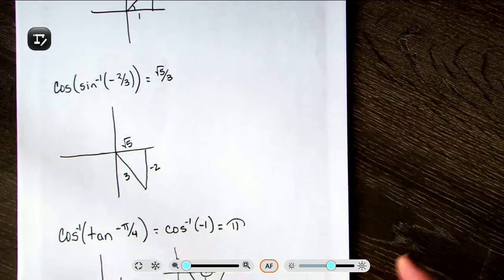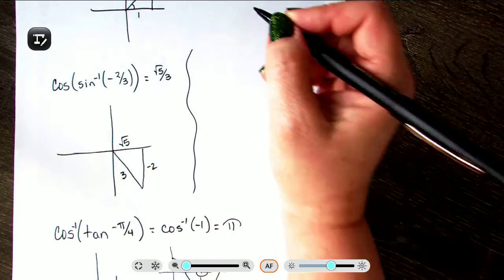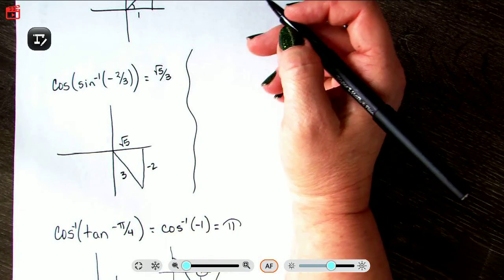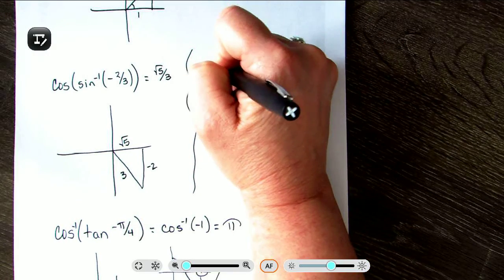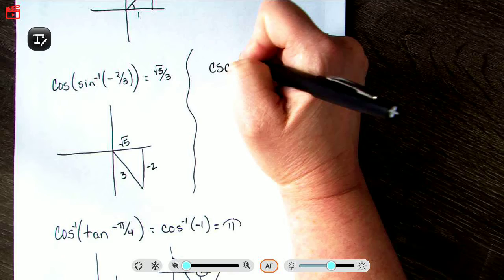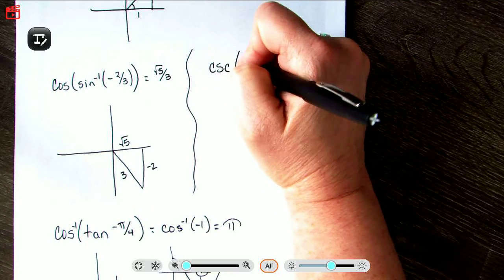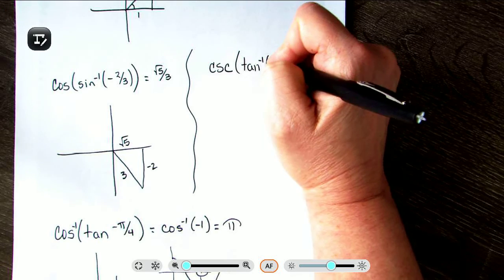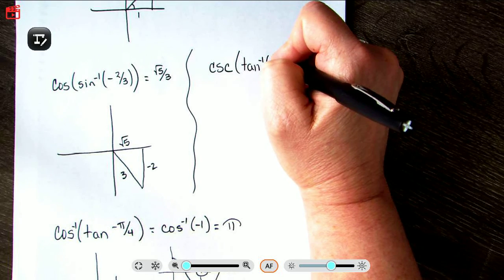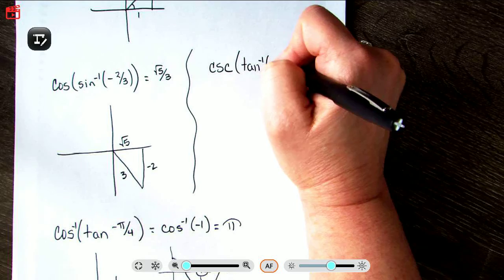Okay, I think I can squeeze one more over here. Now let's do the cosecant. I haven't seen that guy for a little bit. Let's do the cosecant of the inverse tangent of a negative 3.